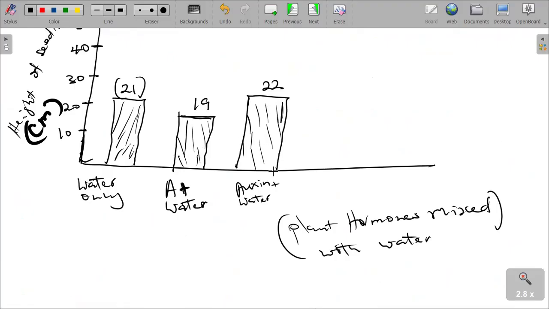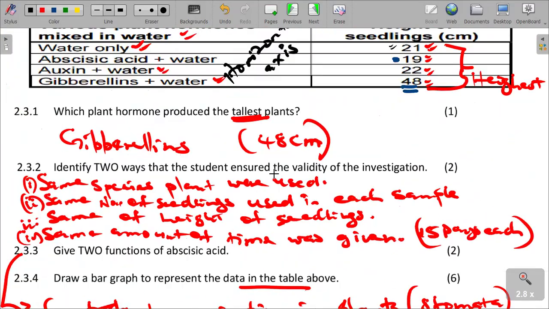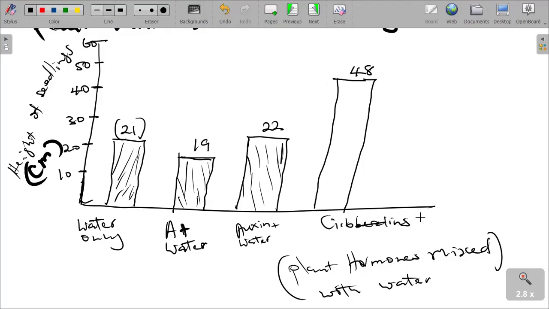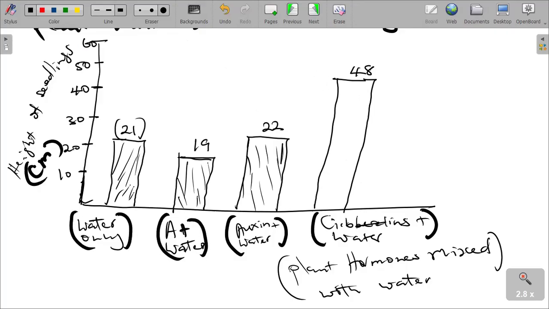And lastly, we have 48, which is gibberellins plus water. So we can also just mark them gibberellins, abscisic and water only.